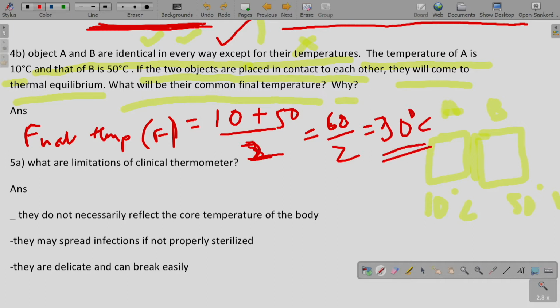Therefore, the common final temperature is going to be 30 degrees centigrade. It means body A would now have 30 degrees centigrade and body B would now have 30 degrees centigrade.